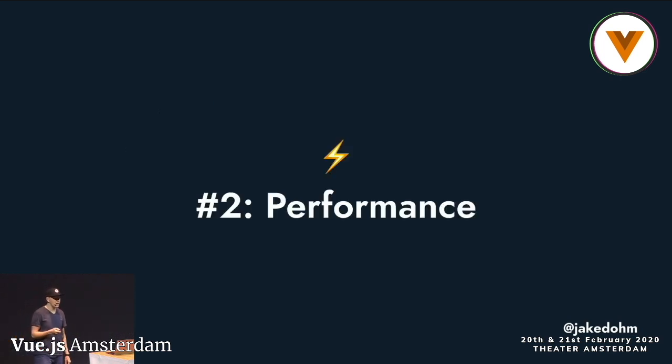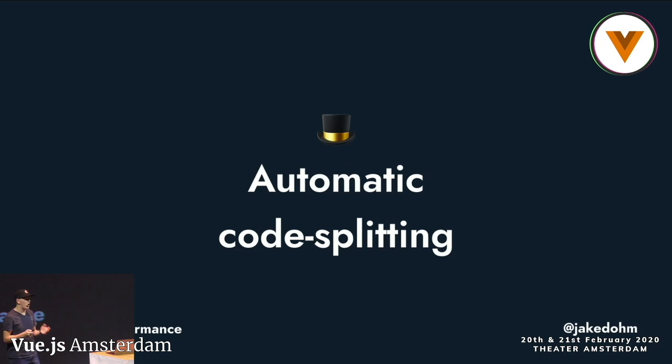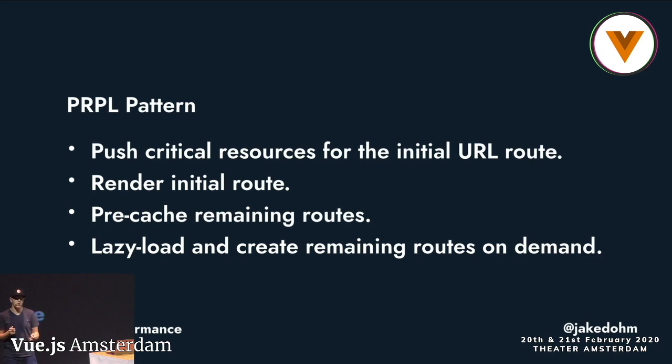The second benefit of static sites in Gridsome is performance, like I've been talking about. So you get pre-rendered HTML, automatic code splitting. Gridsome follows the PRPL pattern, which if you haven't heard of that, is a pattern publicized by Google. So you push critical resources out, so you push those ahead of your page, and then you render the route they requested.